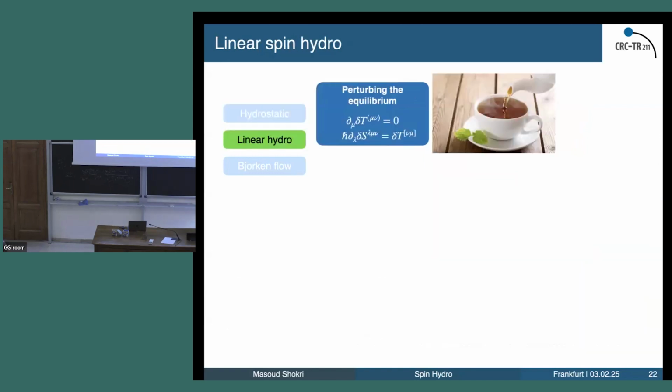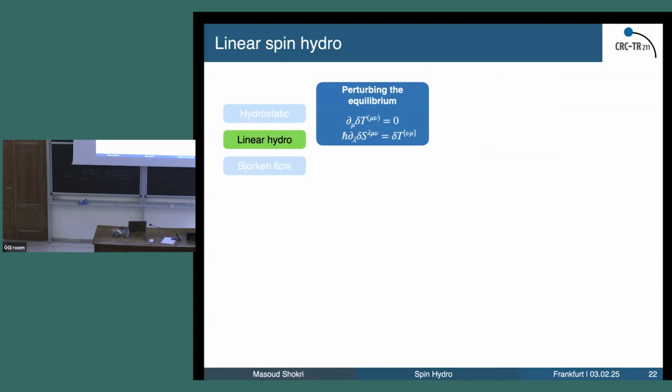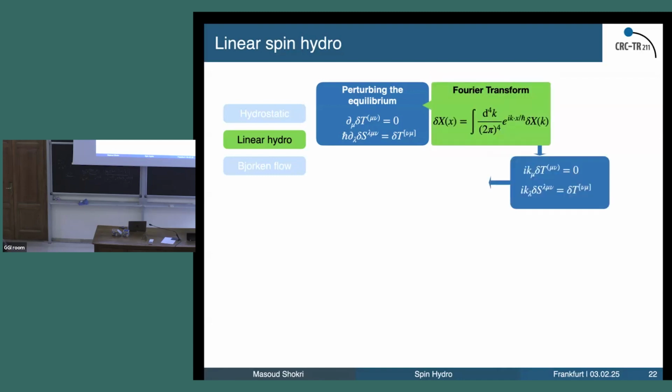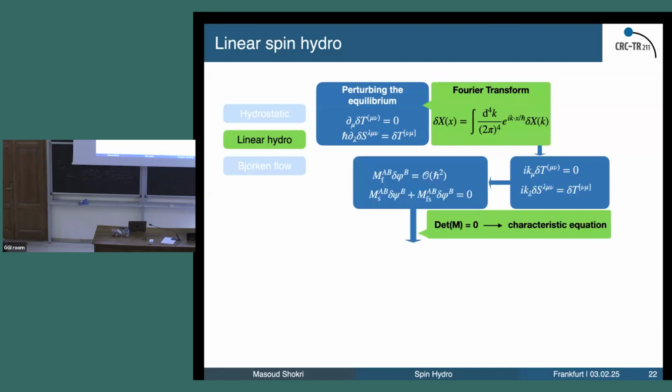Next you will say, okay, I will try to be a bit smarter and just perturb the fluid. My naive expectation was that you would see some influence from the fluid waves on the spin waves. This is the standard thing that we do with linear wave analysis: we do the Fourier transform, the equations become like this, and then you write them in matrix form and try to find the characteristic equation.